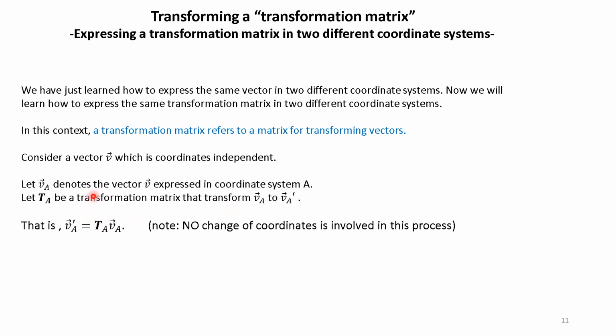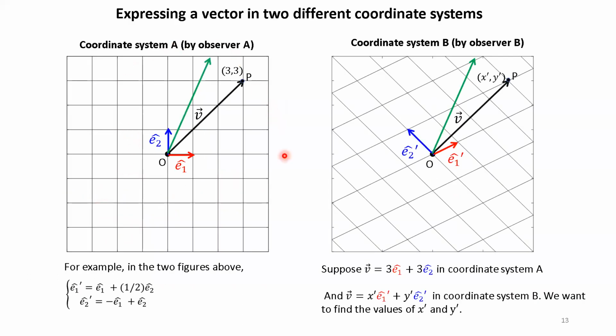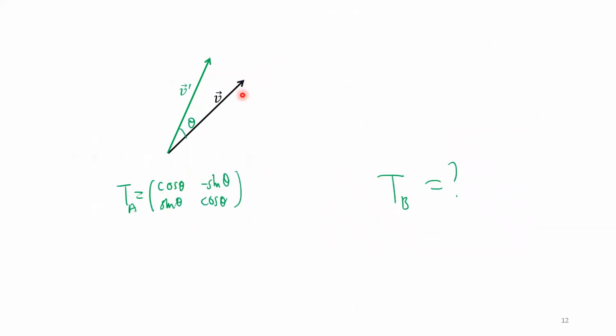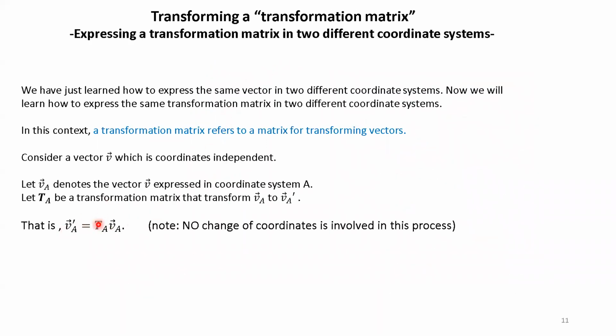At this point, that means I'm doing the thing on the left-hand side, this rotation or this transformation. I have not yet talked about any change in coordinate system, up to this point.